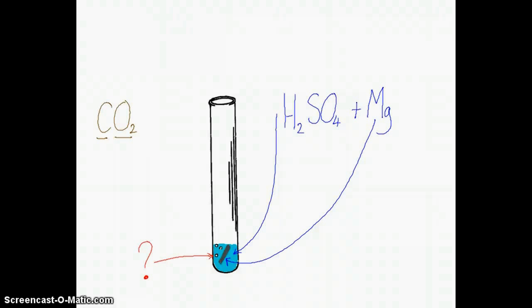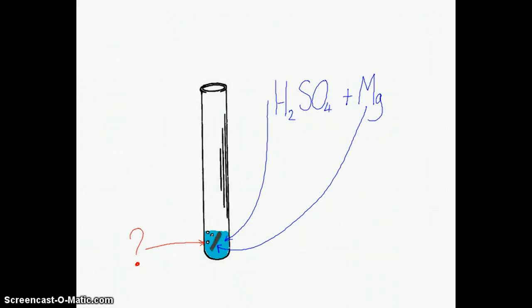Well, we can use 2 oxygen atoms from the sulfuric acid because sulfuric acid's got 4 oxygen atoms in each molecule. But what about the carbon? No, there's no carbon anywhere in our test tube. So we can't have carbon dioxide coming out of it. Okay, so our only 2 choices really are oxygen and hydrogen.